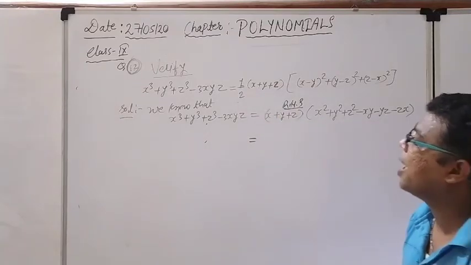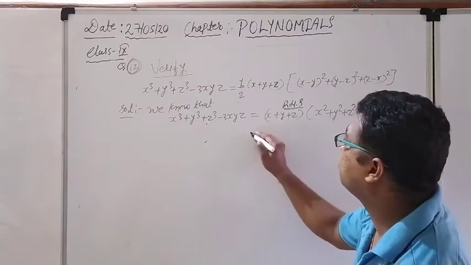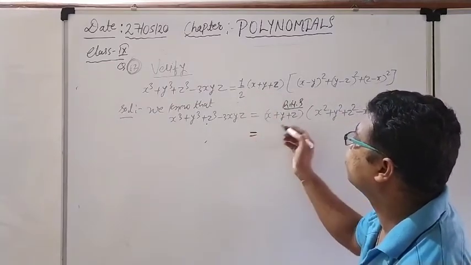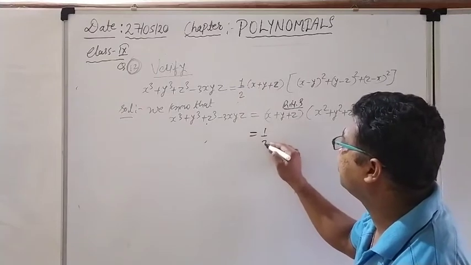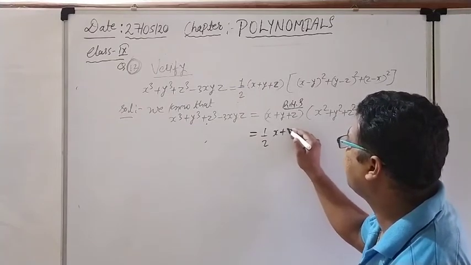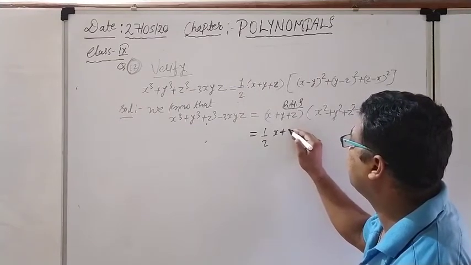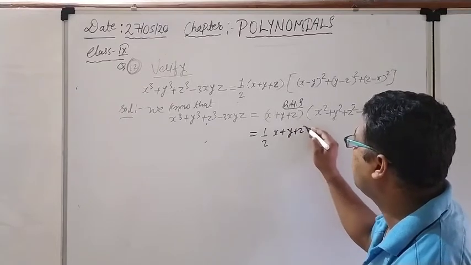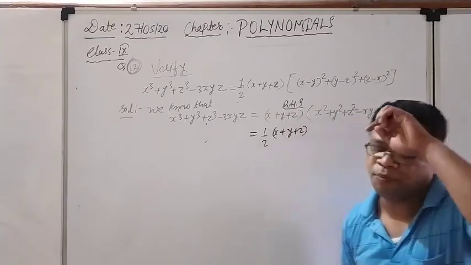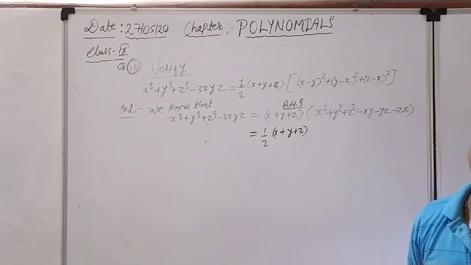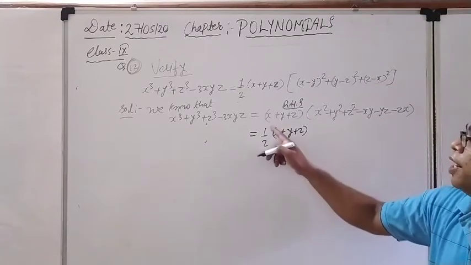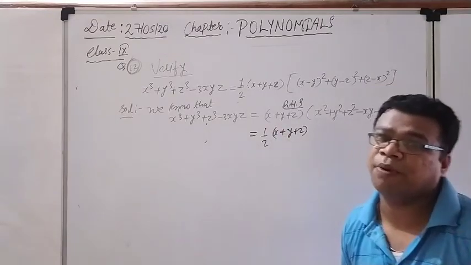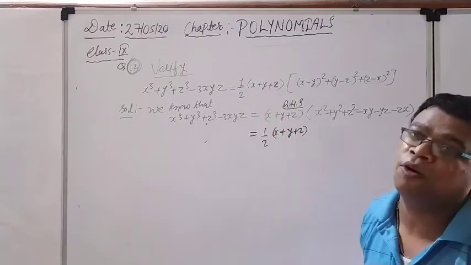Right now see what has been done. First, because there is 1 upon 2, we will just divide by 2 and multiply by 2. So 2 upon 2, that 1 upon 2 is written, which I have taken outside according to the format of the question.